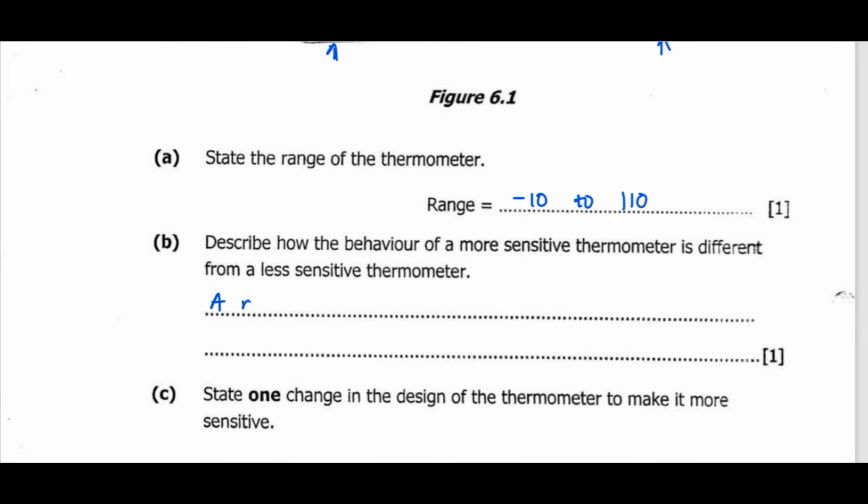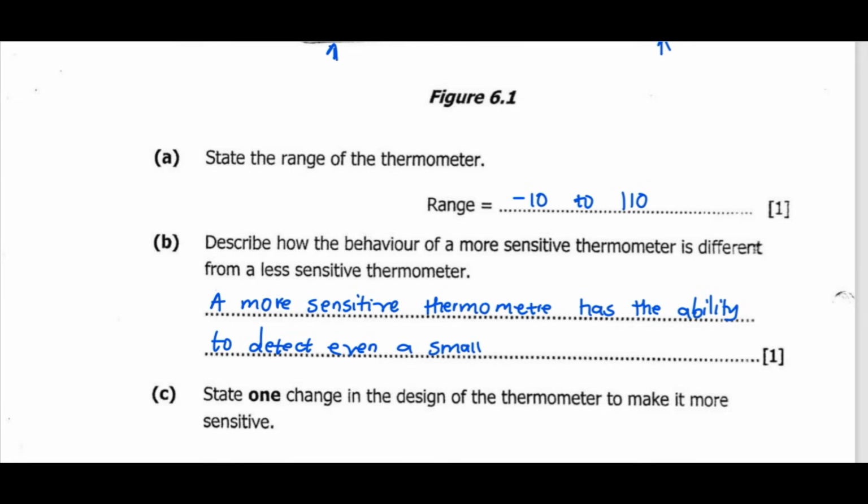So say a more sensitive thermometer has the ability to detect even a small amount of energy in a substance.